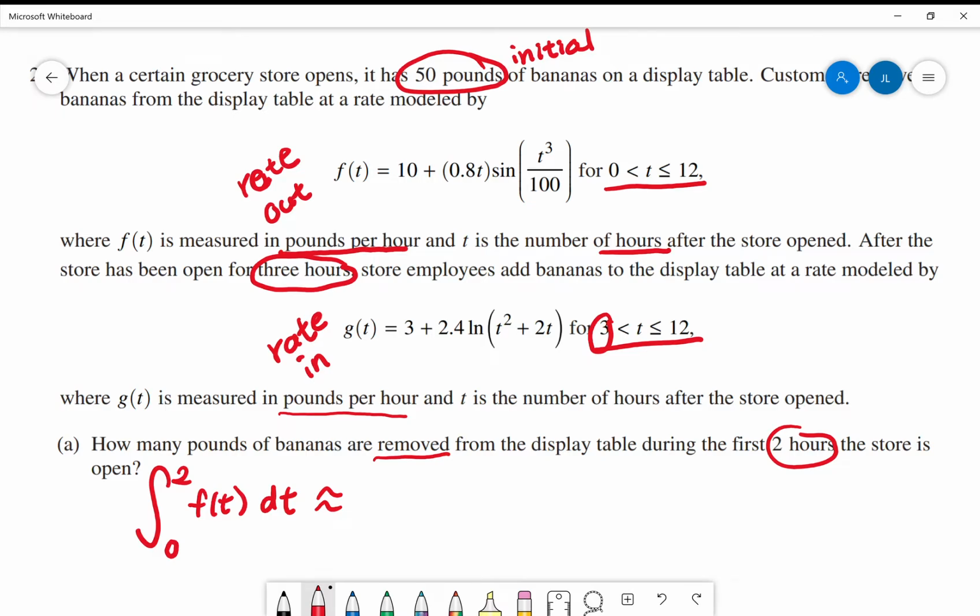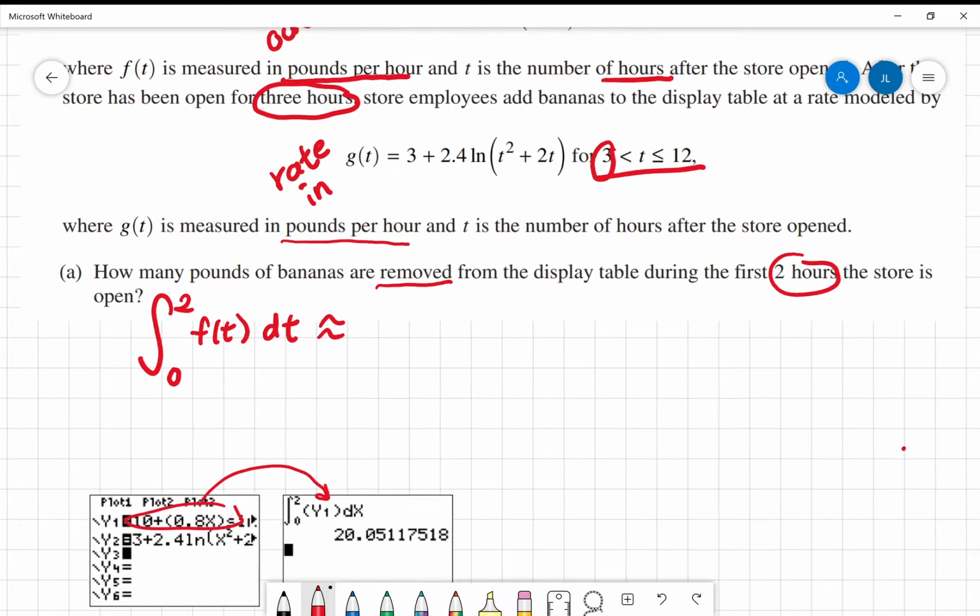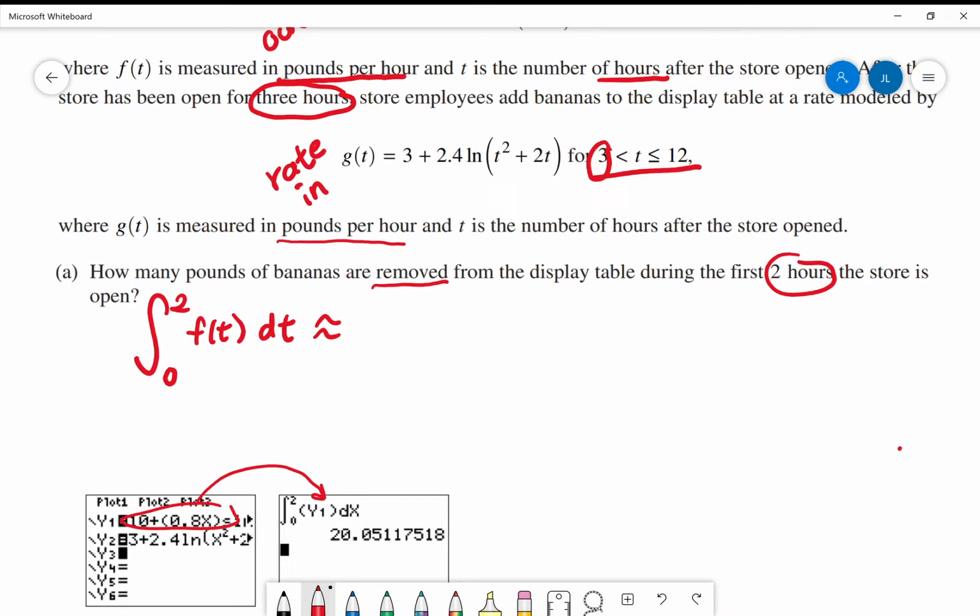Now, I will do a separate video just on how to input this into the calculator. Then when you do so, you're going to find that the answer is 20.051. Always give your answers to 3 decimal places. And what I did here on the calculator is that I stored f of t into y1 so that it can later be used in the antiderivative without me having to retype everything again.